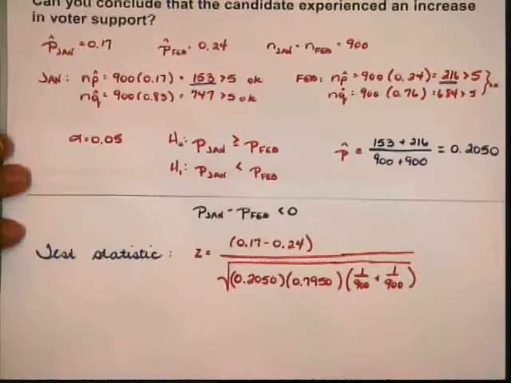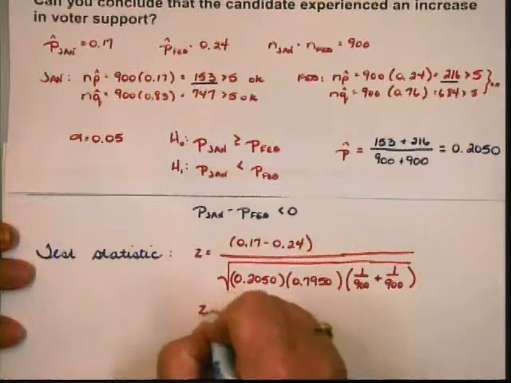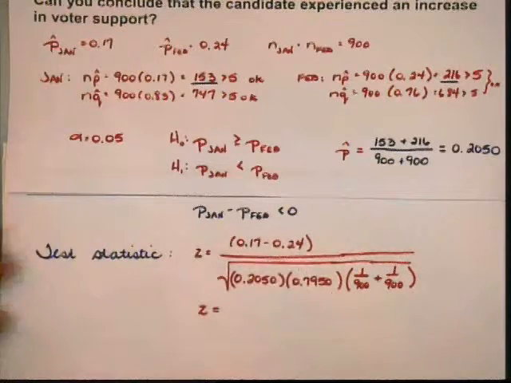When you add this together, clearly it's 2 over 900, but the reason I write them both out is that if we have different sample sizes, you know to put each sample size in there. All right, and calculate z. Better be a negative number, since our numerator's negative.